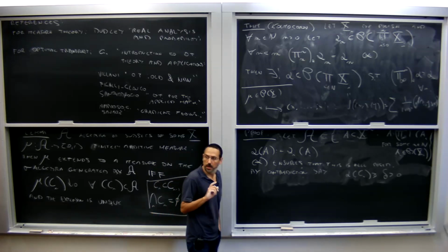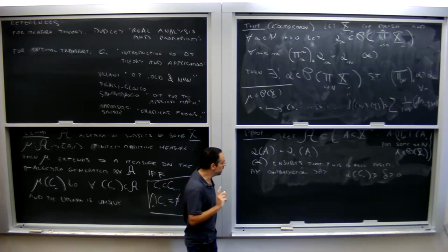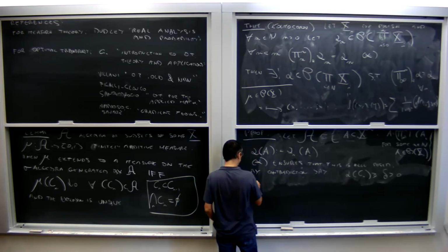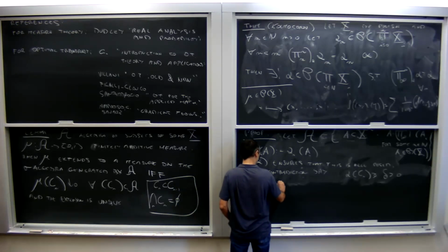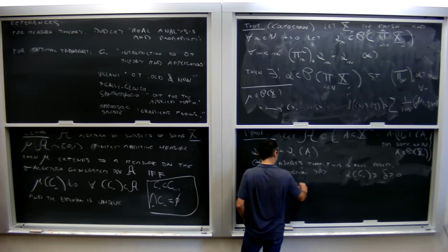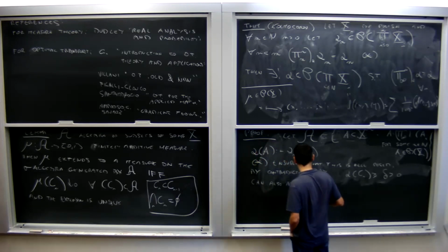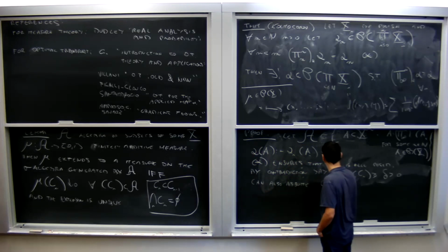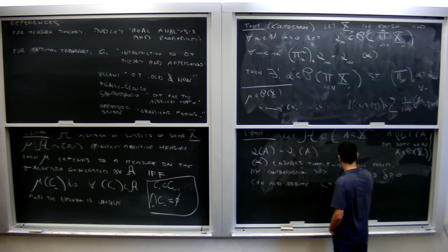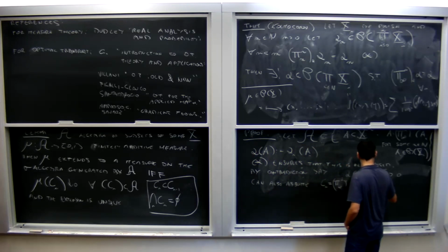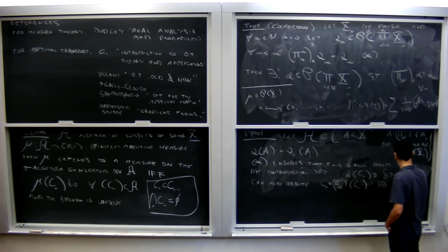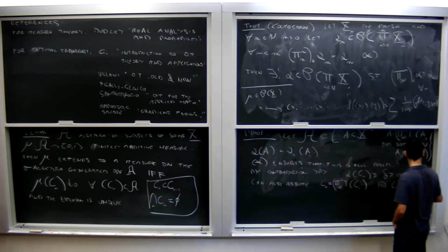So what do I do? I can also assume, to force it, I will explain in a second why I can do this, that C_n is of the form pi infinity n minus 1 of some C_n prime, for C_n prime Borel in the product of the first factors.